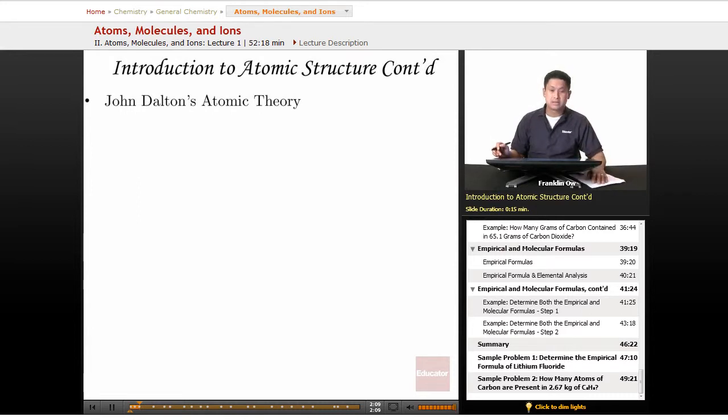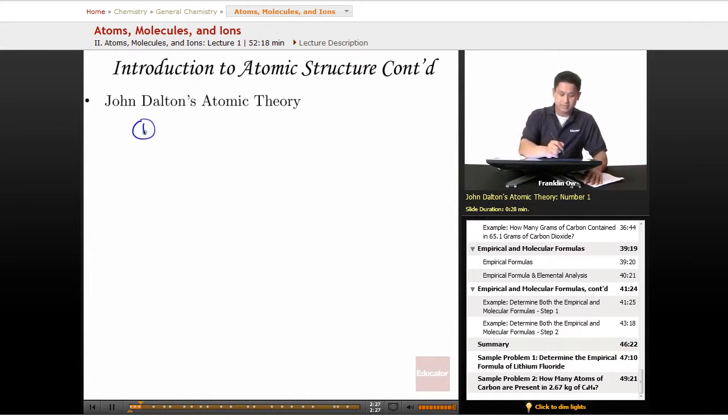We now get into one of the earliest theories that was accepted to explain atomic structure. This was called John Dalton's atomic theory. John Dalton's atomic theory contained the following premises.